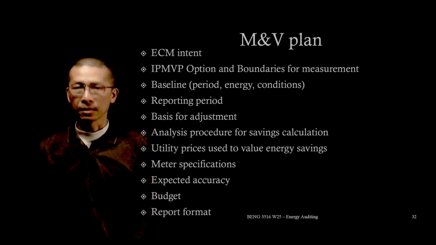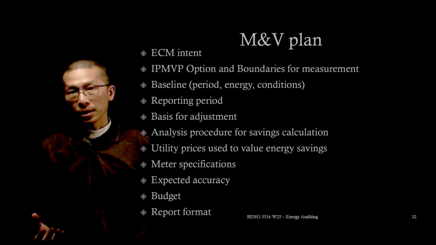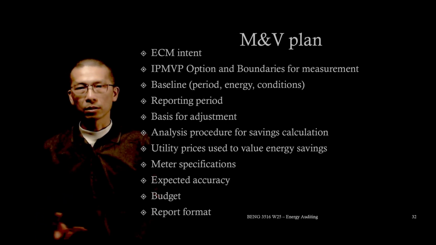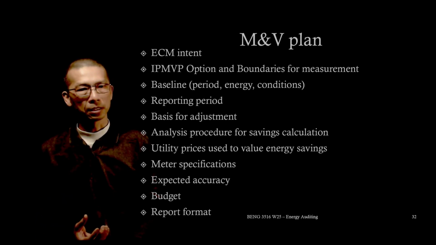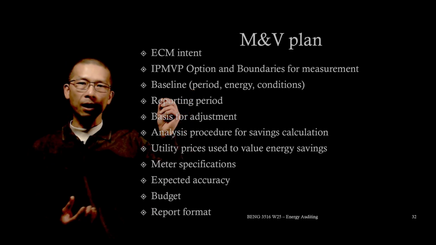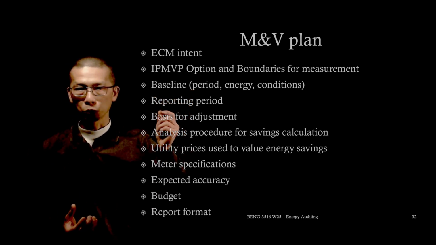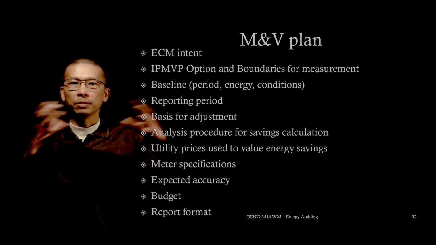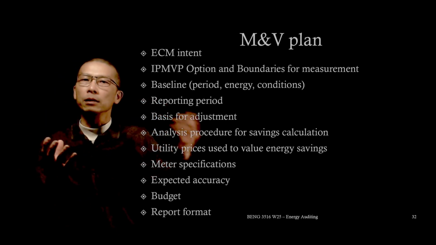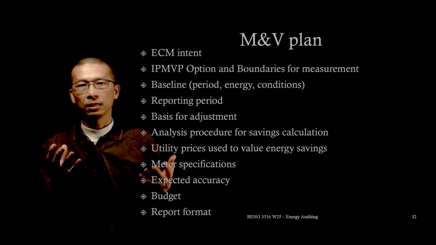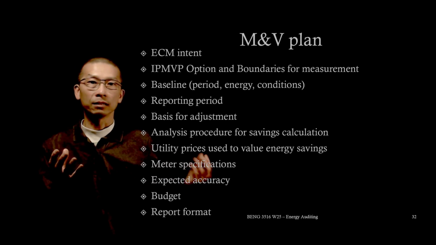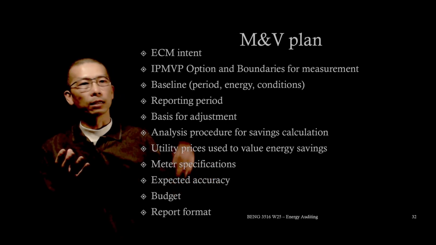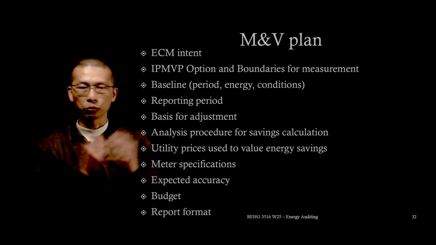That's the intent. IPMVP options and measurement boundaries. We have to decide which option to use, which one is the best for the project, and set up a boundary. Is it Option A, B, or C, and D, the simulations? Depending on the options, the boundaries are different.